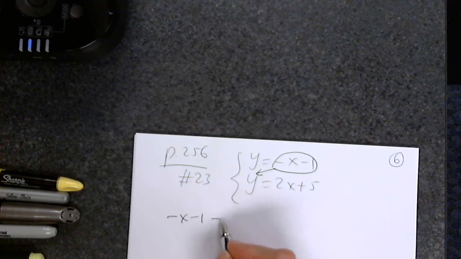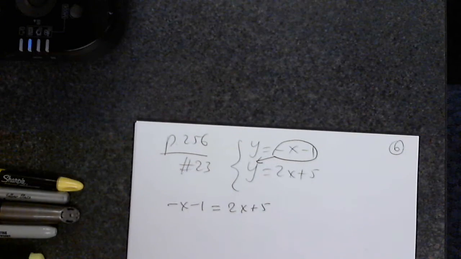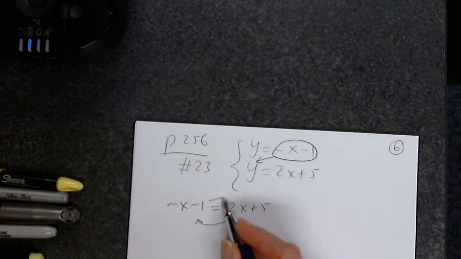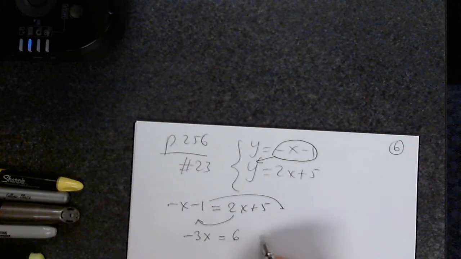So negative x minus 1 equals 2x plus 5. Then I move to x, and then I move negative 1. So negative 3x equals 6, or x equals negative 2.